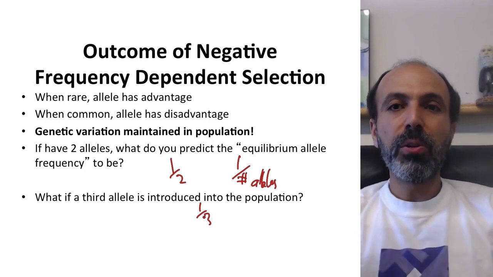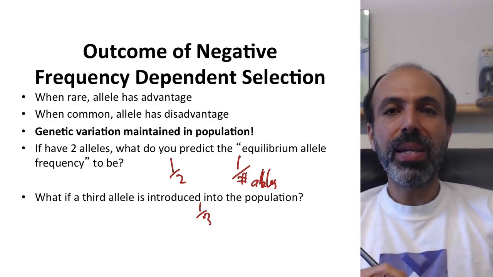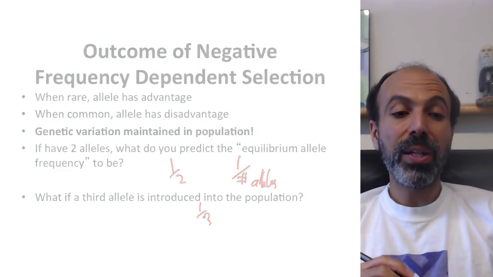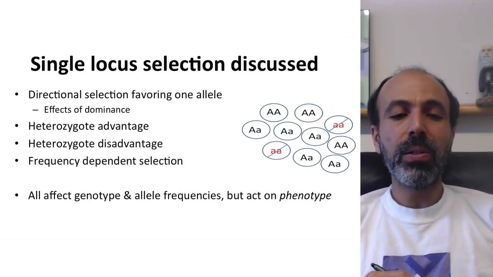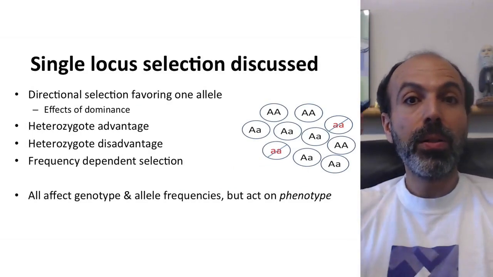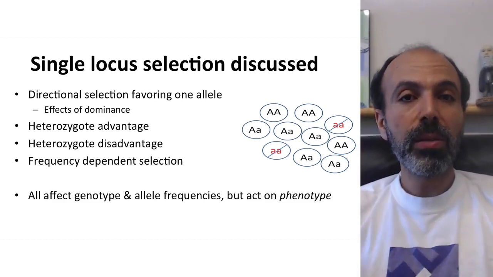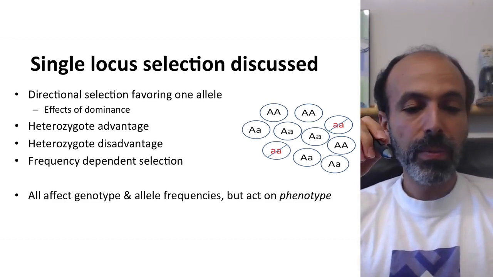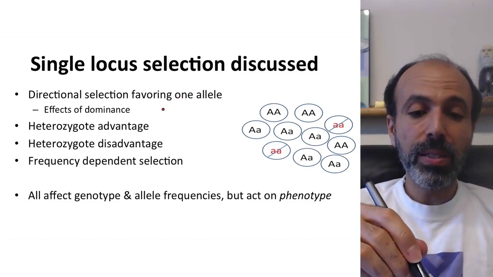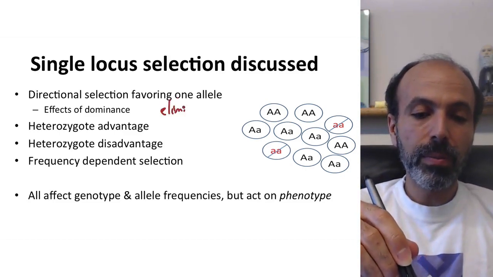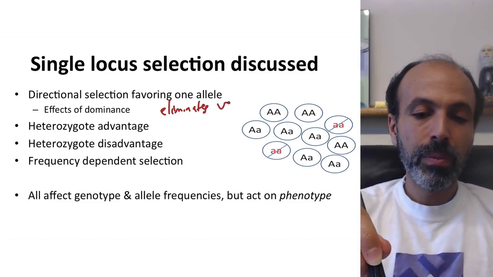Now, frequency-dependent selection is another way of maintaining variation in a population through selection. We talked about a couple of different modes of single locus selection here. Some of them remove variation, some of them retain variation. Directional selection favoring one allele essentially eliminates variation, right?